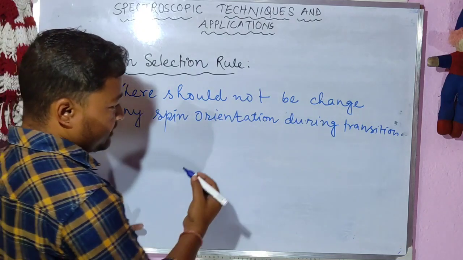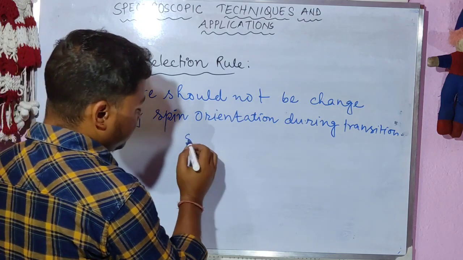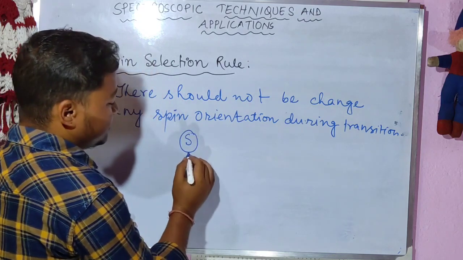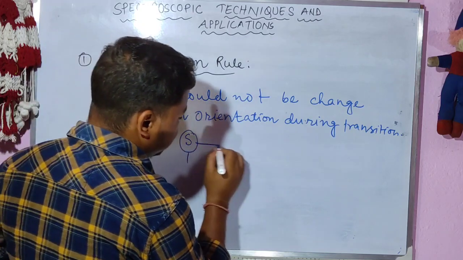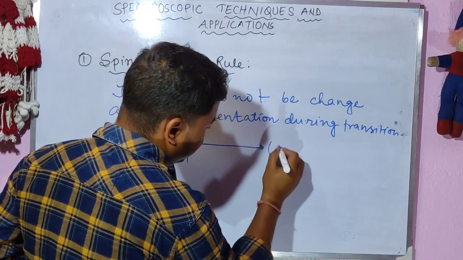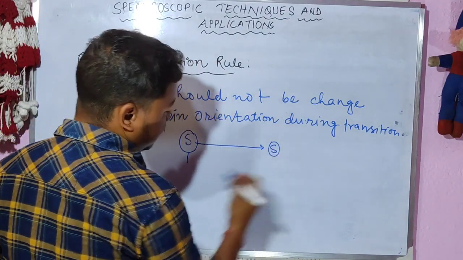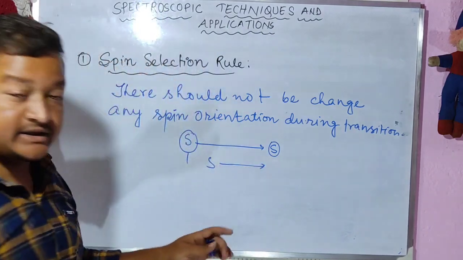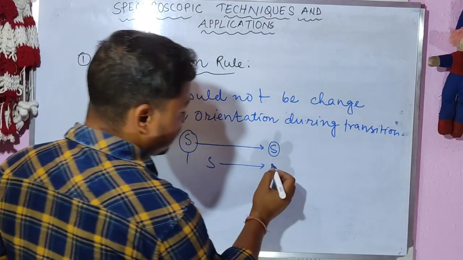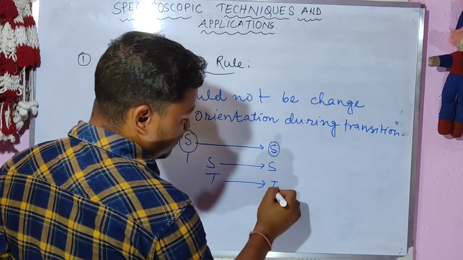That is, if in the ground state the electron is singlet, then after transition from lower energy level to higher energy level it is also singlet. Singlet to singlet is allowed. Triplet to triplet is allowed.